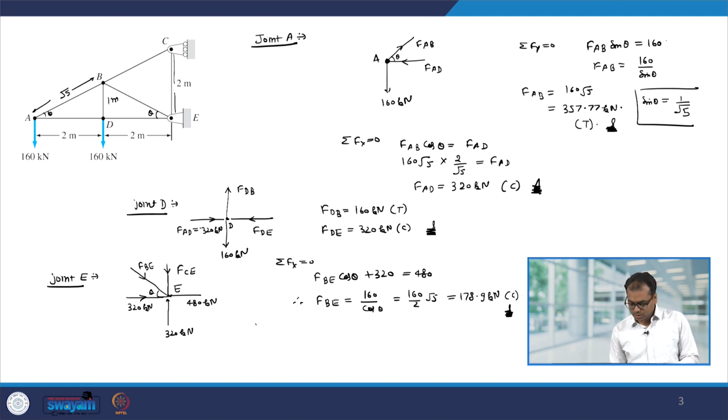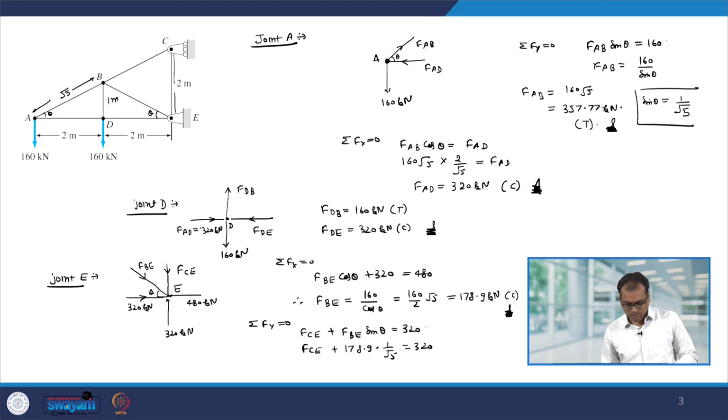Now, let us use summation Fy equal to 0. So, you get FCE plus FBE sin theta equal to 320. So, we have FCE plus 178.9 into sin theta, which is 1 over square root 5, equal to 320.